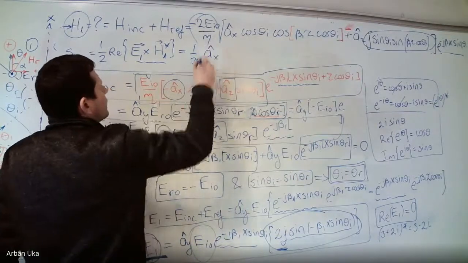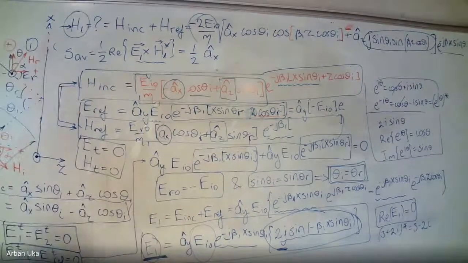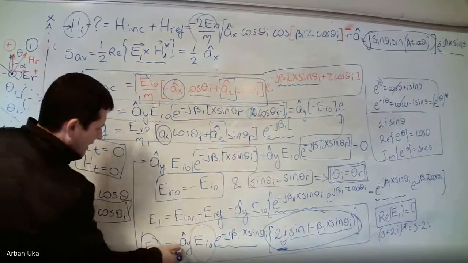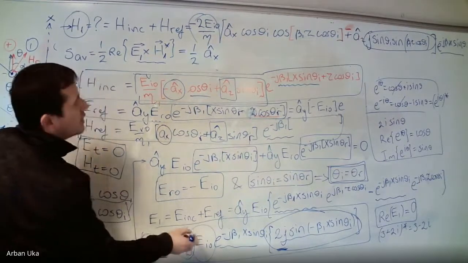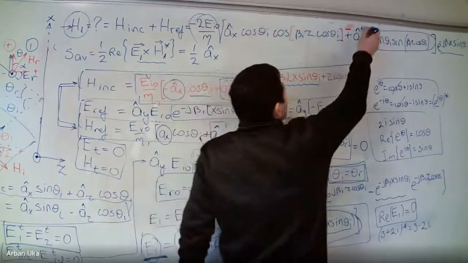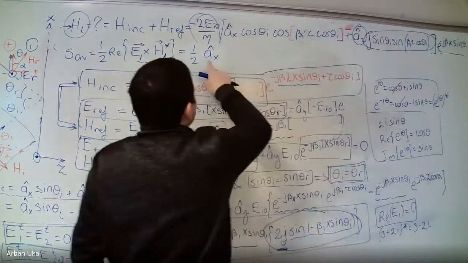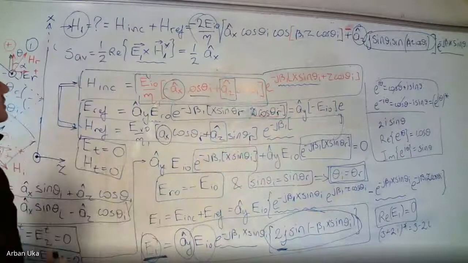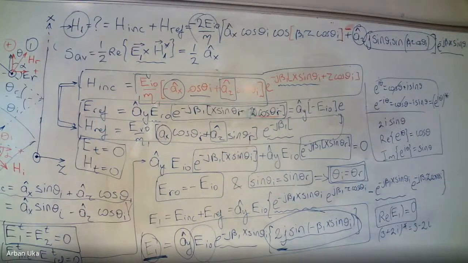If we follow the calculations carefully, we're going to notice that the effective cross product between the terms is going to be AX, because here we have electric field AY, cross product with AZ, we're going to get AX.